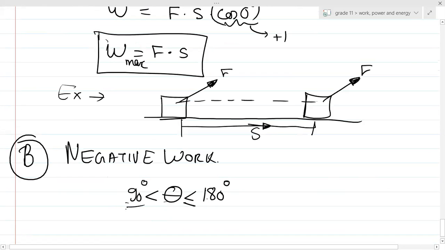After 180 degree, it will go into the next quadrant, but we'll limit our angle to 180 degree. We will not go beyond 180.